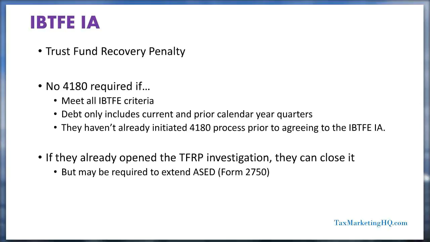I should have made a slide out of this, but I'll just tell you here. The ASED, we usually simply refer to it as the 3-year rule, but it is a little bit more involved than that, just slightly. Specifically for employment taxes, trust fund taxes, the ASED for the trust fund recovery penalty process is as follows.